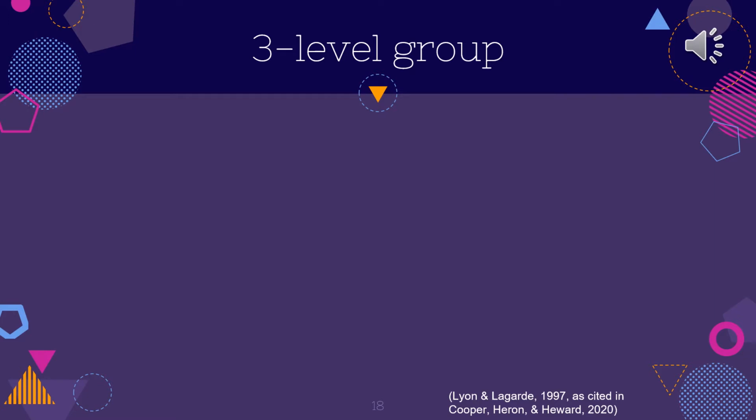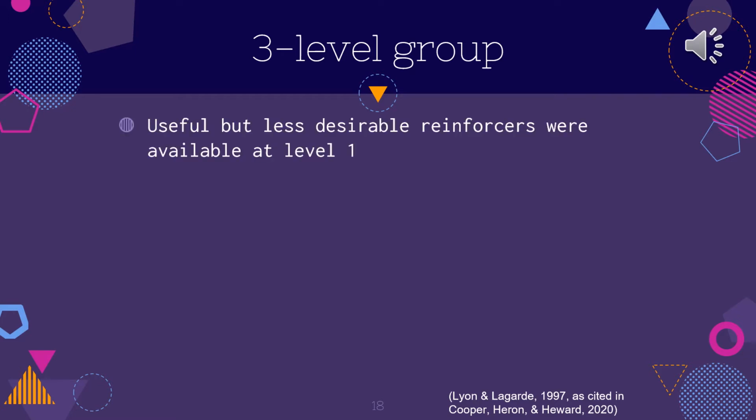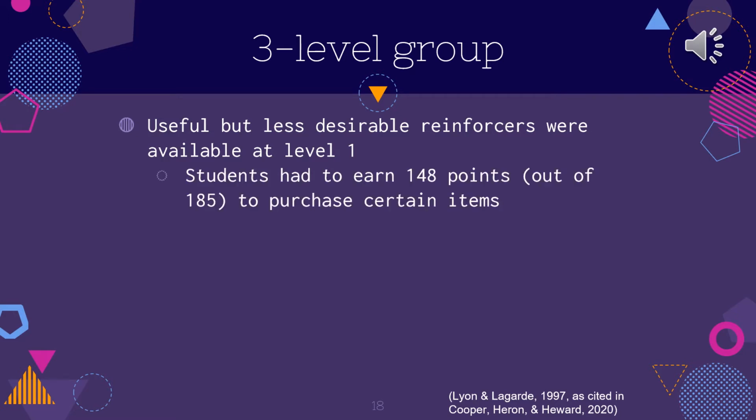In 1997, Lyon and Lagarde used a 3-level system with classroom students. At level 1, useful but less desirable reinforcers were available. In order to earn these reinforcers, students had to earn 148 points out of the available 185 to purchase certain items.